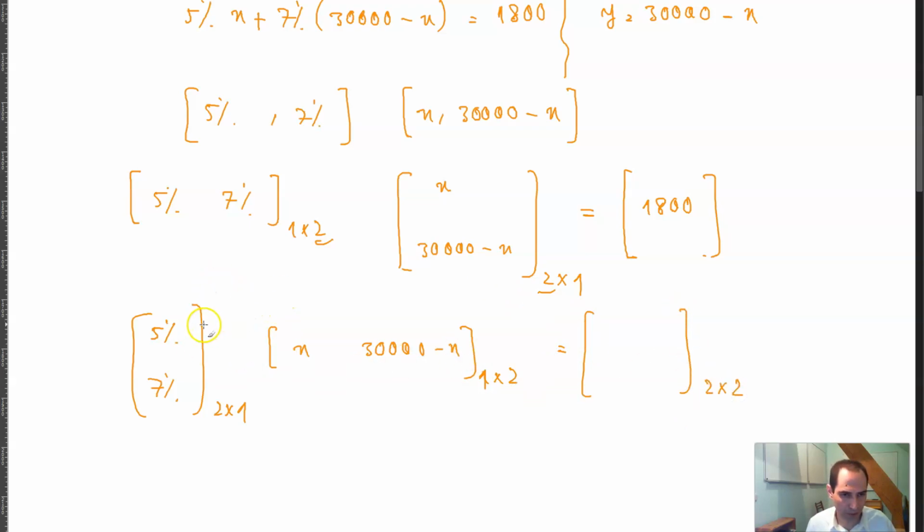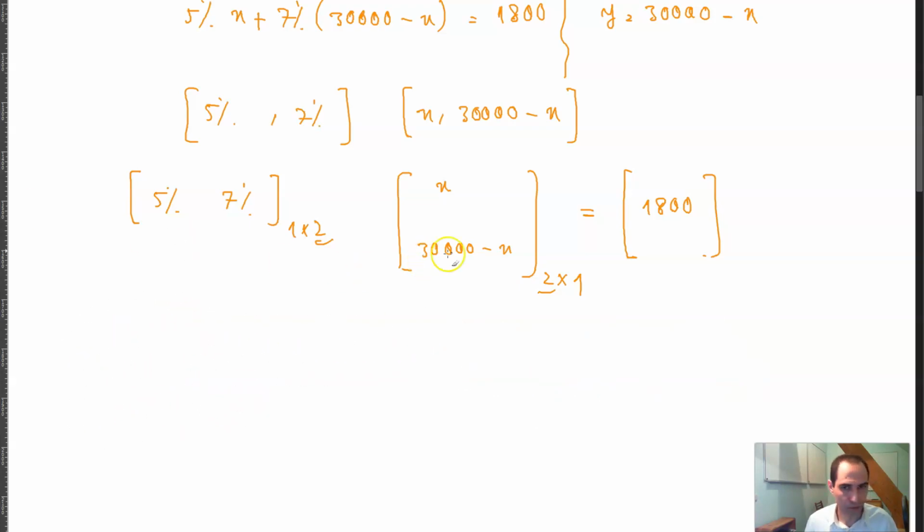I would have 5% of x here, 5% of this amount here, 7% of x here, and that's not what I'm looking for. It wouldn't help me in my particular situation, so I'm not going to do that.